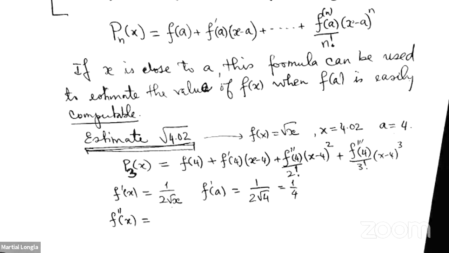Then you get the second derivative that is necessary. Derivative of this derivative, that is minus 1/4 x to the minus 3 halves. So that's the derivative of this.